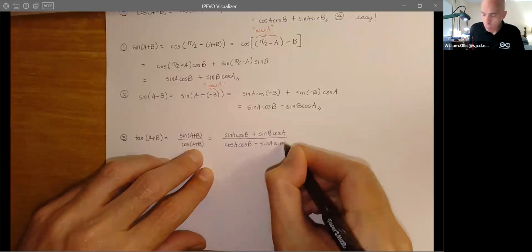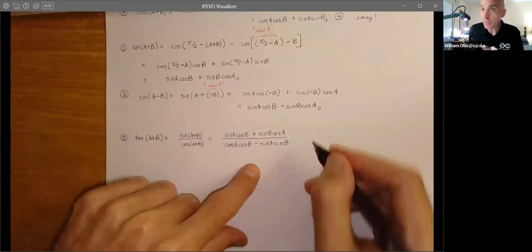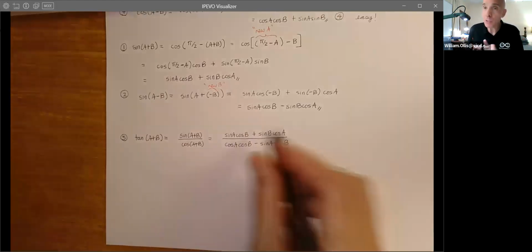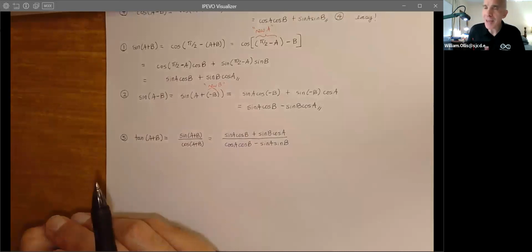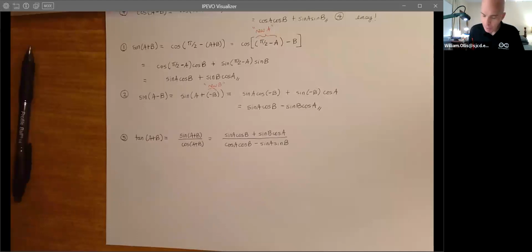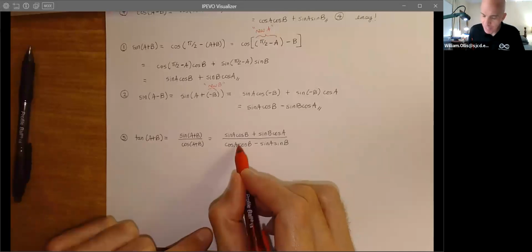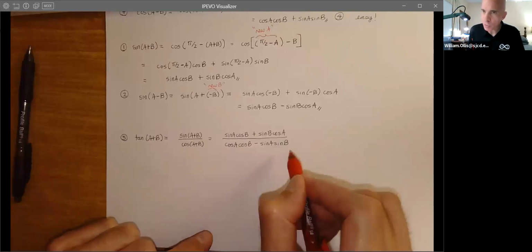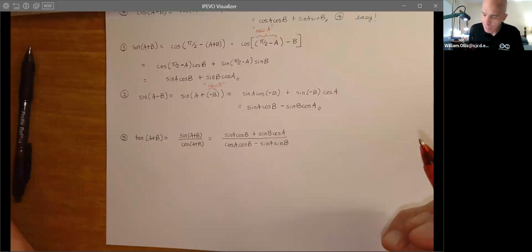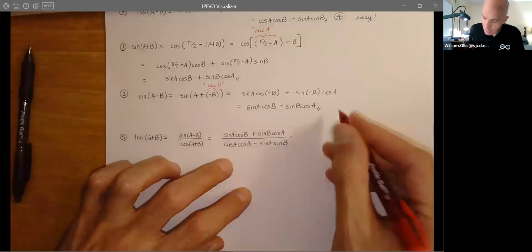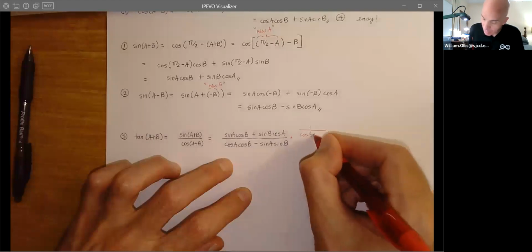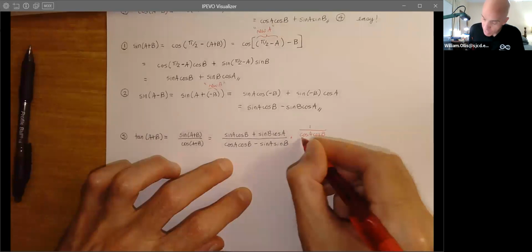Now you're thinking, what's wrong with that? There's nothing wrong with that. That's true. That's an identity. That is absolutely true. But it's not the form that has become convention. So what was decided upon is that if you multiply and divide by the reciprocal of this term to make this a 1 and to create a bunch of tangent terms, that's the only thing that's done here. And again, this has just become convention. So we'll do 1 over cosine A, cosine B, upstairs and downstairs.